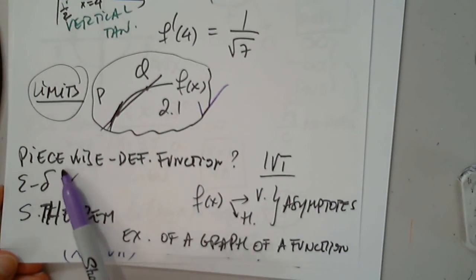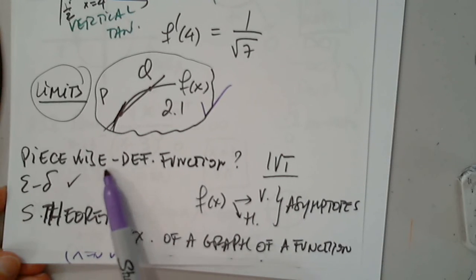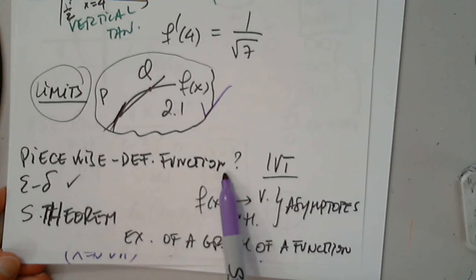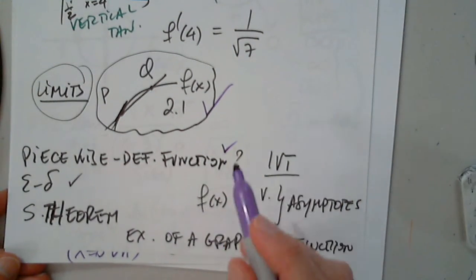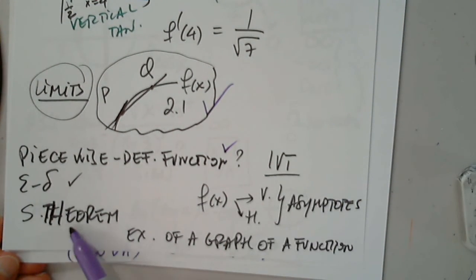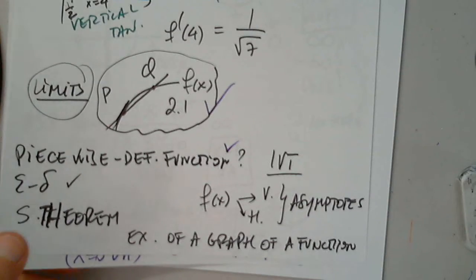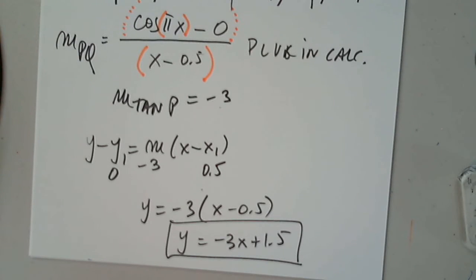Do we still want a piecewise defined function, or are we okay with that? Okay. Do we want the squeeze theorem? Yes. Okay, please. So let's look at the squeeze theorem, and that's in 2.3, towards the end somewhere.